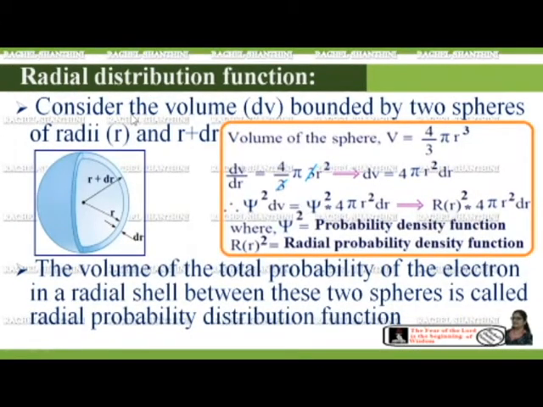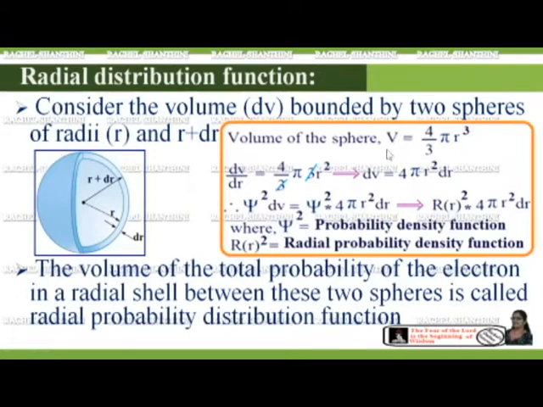For that, consider the small difference in the volume dV bounded by two spheres: the first inner sphere with radius r and the outer sphere with radius r plus dr. We know that the volume of the sphere V is equal to 4/3 pi r cube.